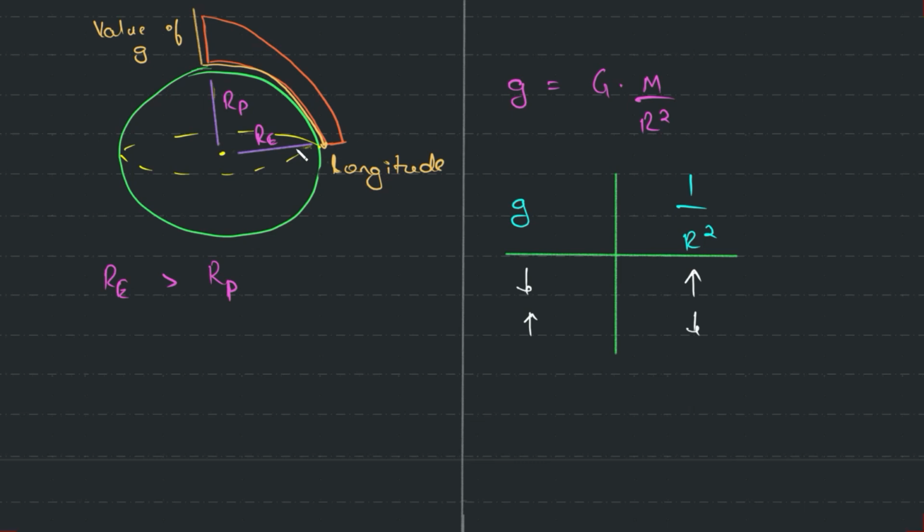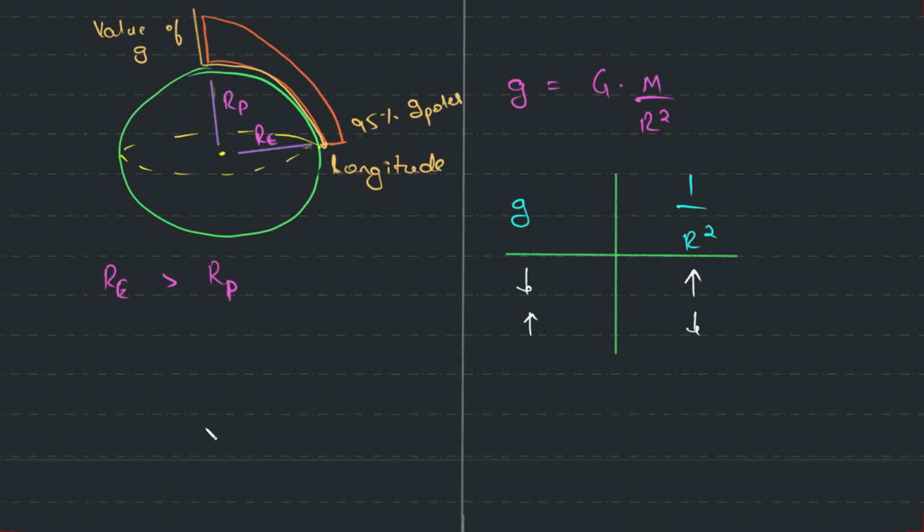So basically, it is minimum at the equator than at the pole. As simple as that. So the difference is actually around 0.5%, and this is around 95% of g at poles.